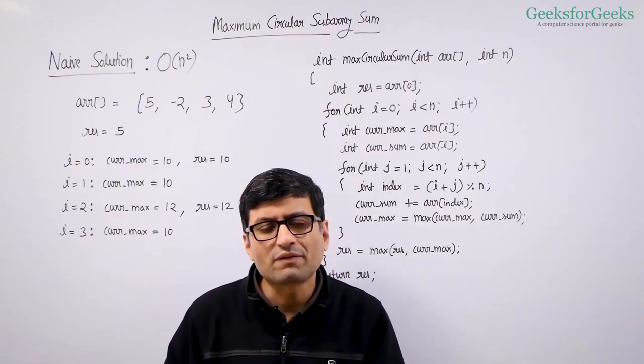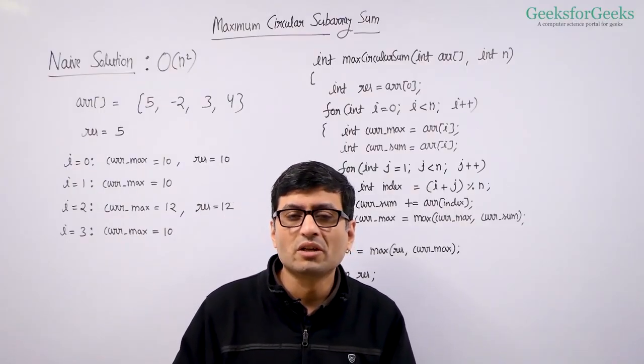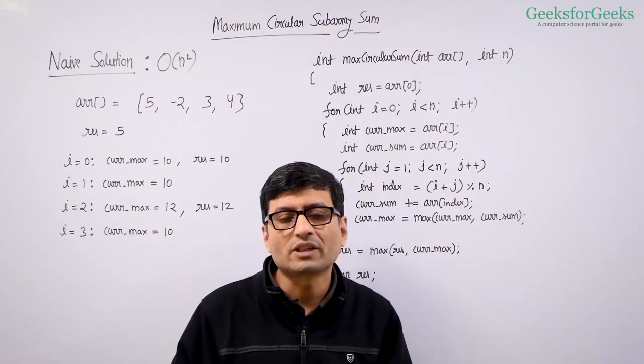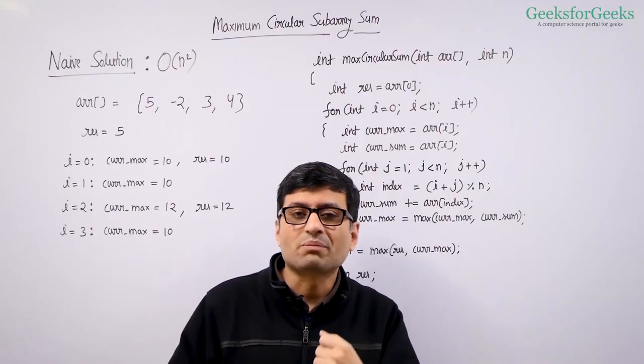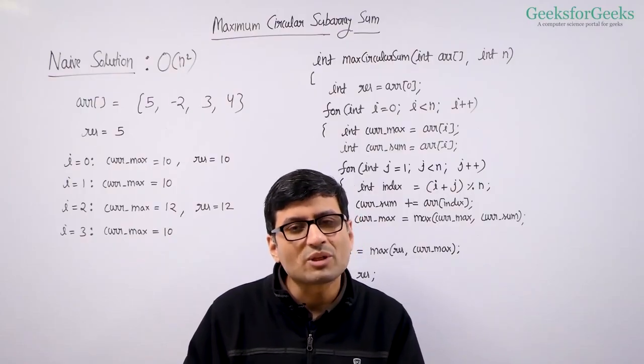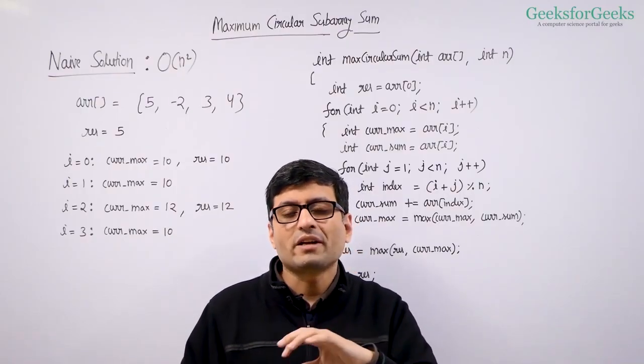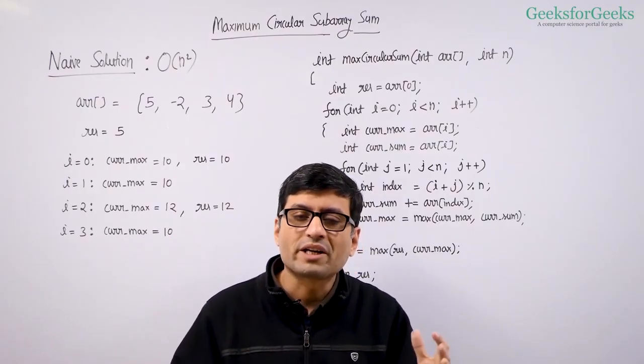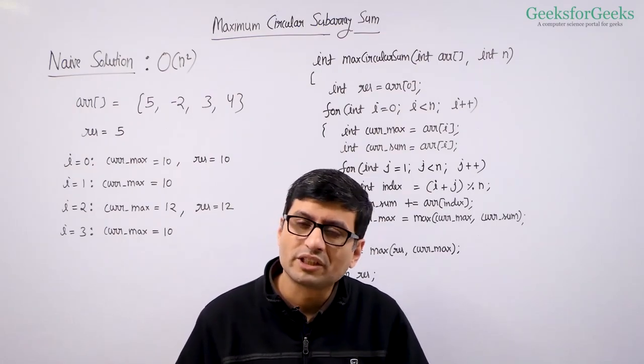So the idea is simple. For every element, find out the maximum sum of a circular subarray that begins with this element. When I say circular subarray, it means normal subarray as well as circular subarray, right? And ultimately find the maximum of all these maximums and return it.